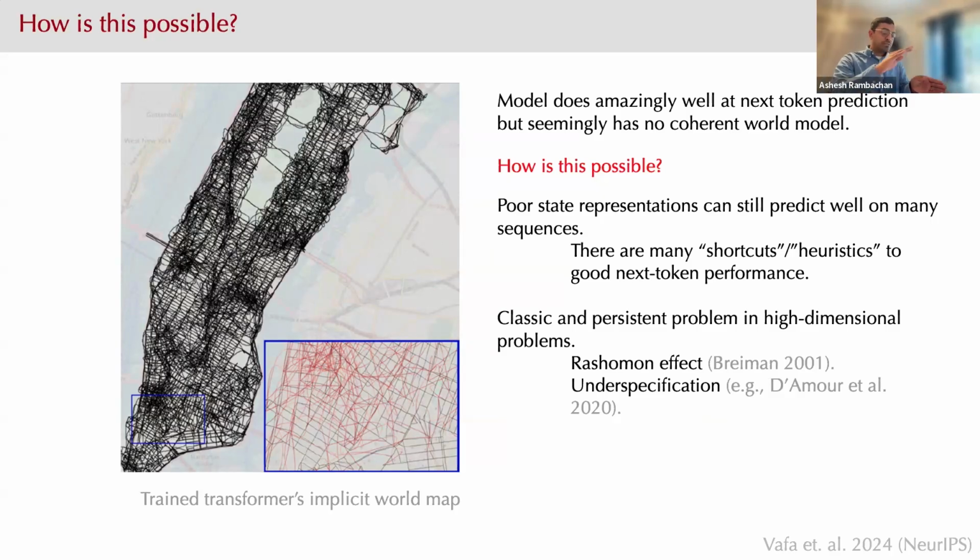But those different parameter configurations that would solve the prediction task well often have many other properties on adjacent problems. And what's been building up over the last year is evidence that transformers, when trained to do next token prediction, often build, rather than a good world model, a bag of shortcuts or heuristics that lead to good next token performance.